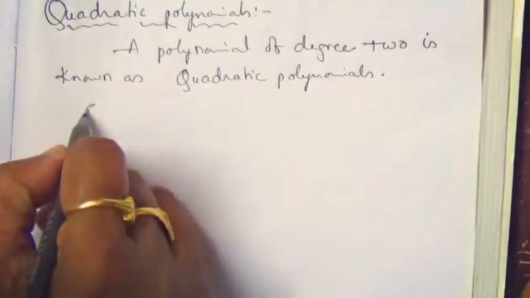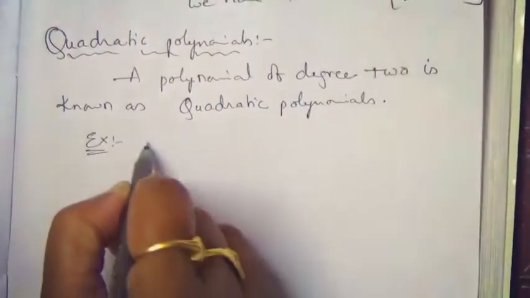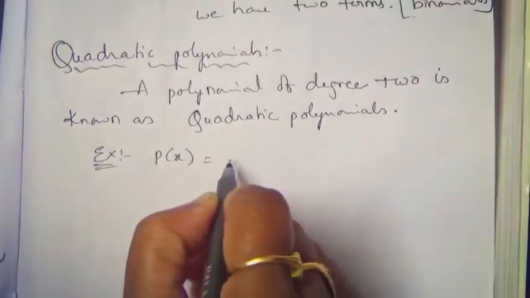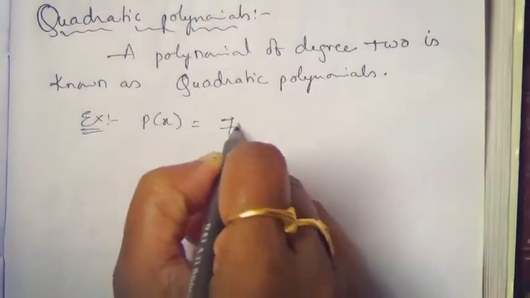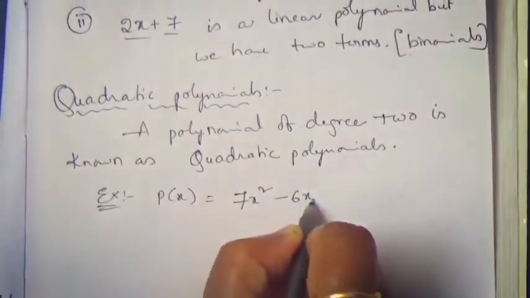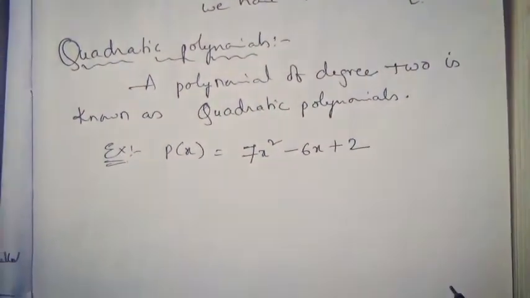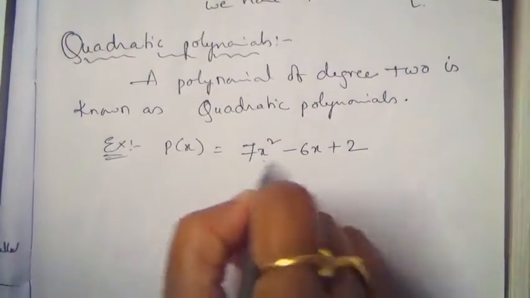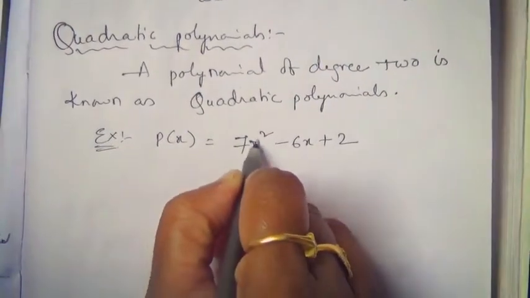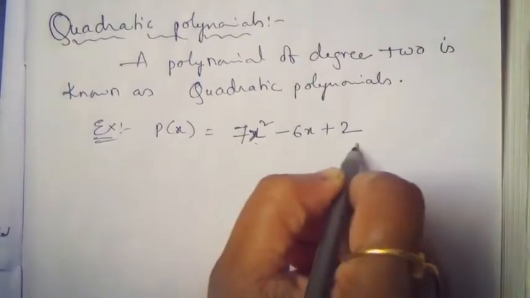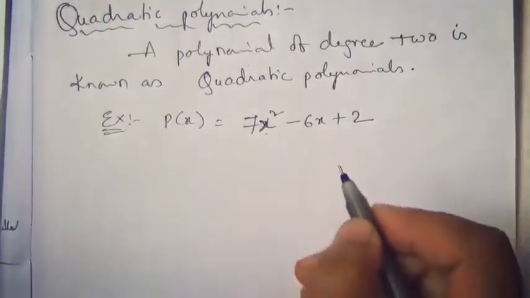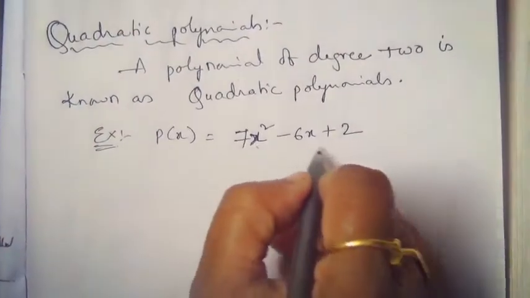Okay, so for example, p of x is equal to 7x square minus 6x plus 2. What is the highest power of this? Here the variable is x. It is a polynomial, an algebraic expression which has the variable x.